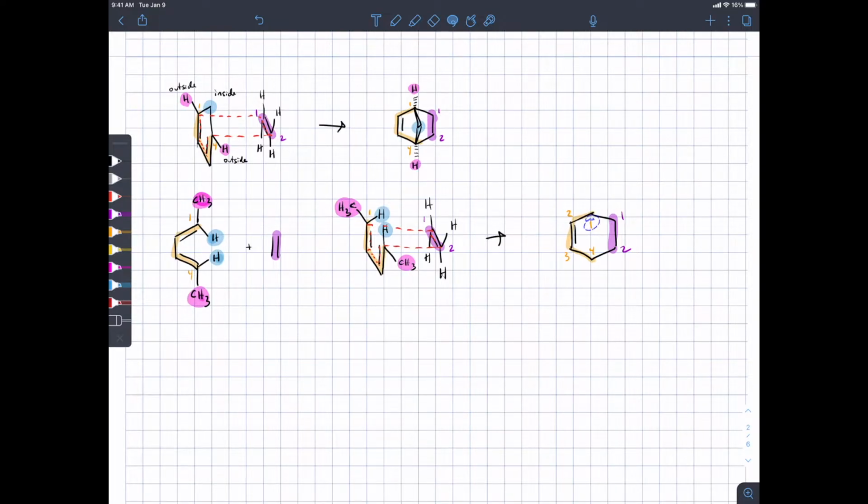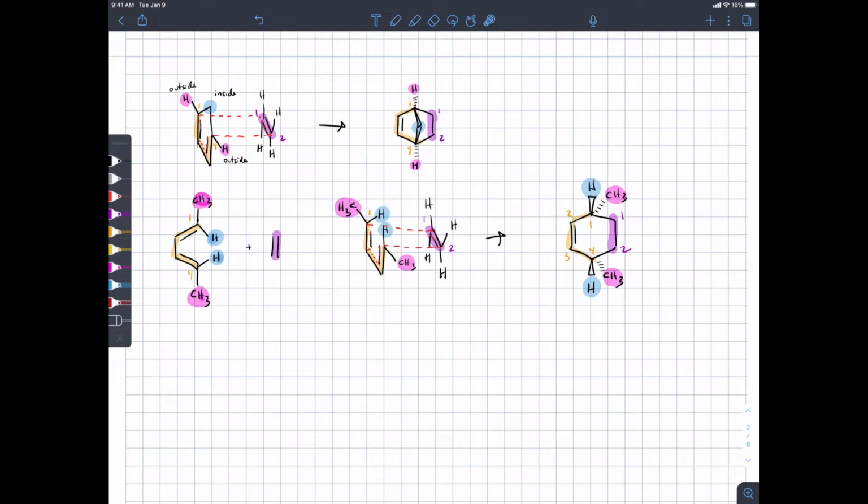The hydrogens, the blue hydrogens, in the way we've drawn it here, are hovering above the ring, and they are cis to each other. Whereas the pink methyl groups are also cis to each other, but are pointing downward instead of upward.